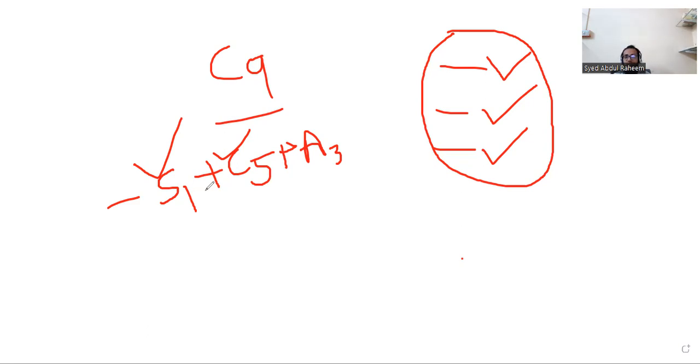Basically it will work on the entire glandular system, entire lymphatic organs, and you can add it for all types of general debility due to any issue. So it is a great remedy. You can try it. Okay, C9.